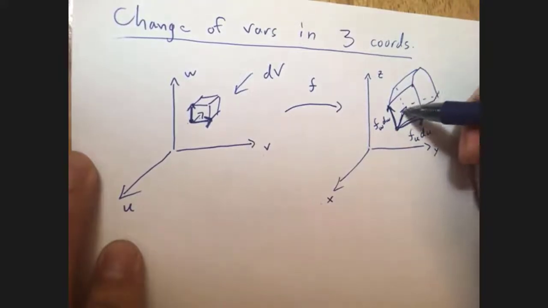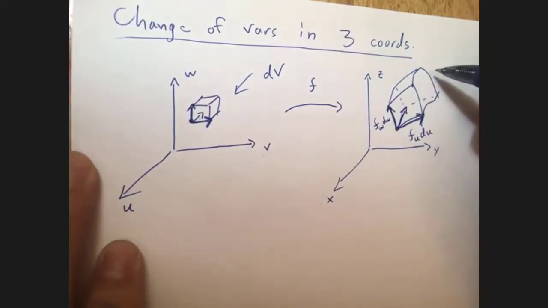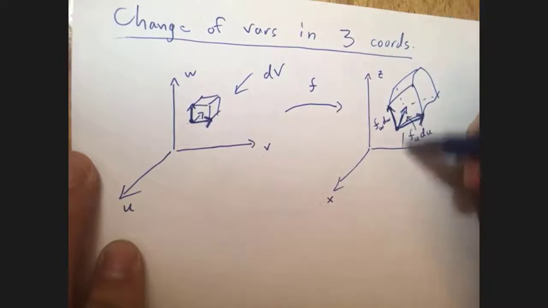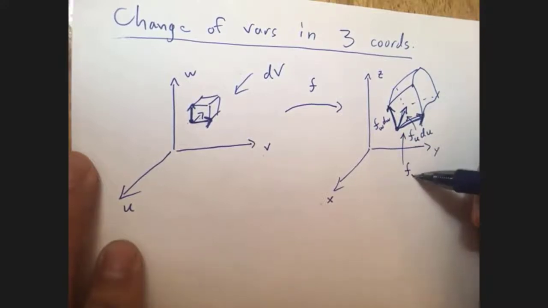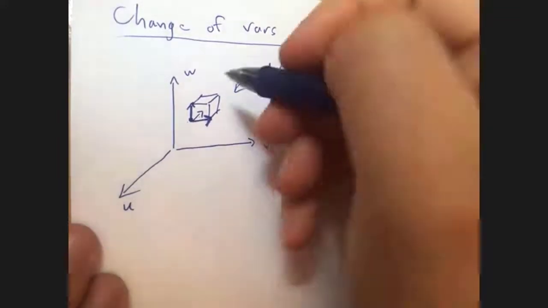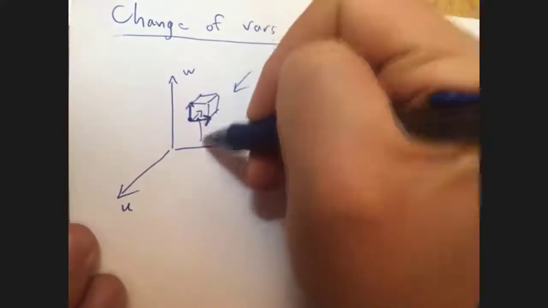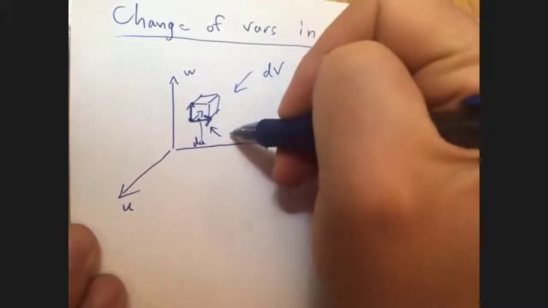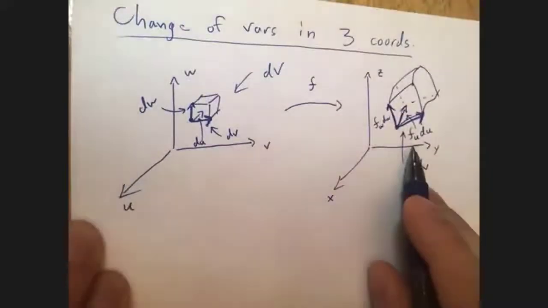The one in the back here is f_u du. The one in the front here is f_v dv. So these three vectors, du in the back, dv over here, and dw over here, get transformed to this.